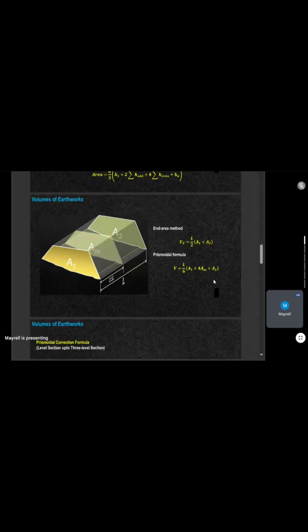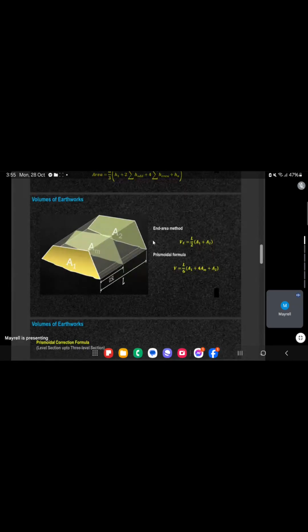Then we have volume of earthworks. So using the end area method, the volume of earthworks VE is equal to L over 2 times area 1 plus area 2. So if you have here this earthwork, you have area 1 and area 2, and a length between them.